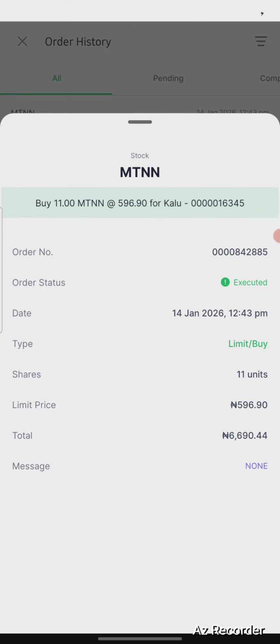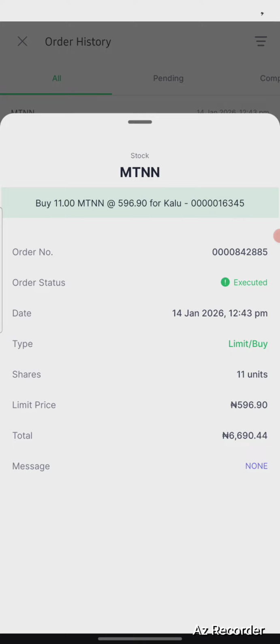As you can see the price I bought at, 596, whereas yesterday the market price was around 600. So I used this offer total to buy it. I bought 11 units at 596 with 6,000 something, 6,006.